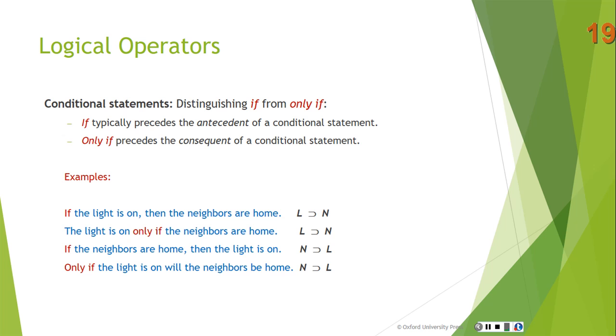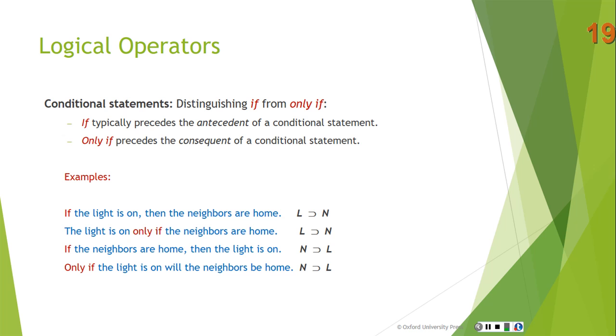When you translate, you always treat the phrase that follows the word "if" as the antecedent, unless you see the phrase "only if." When you see "only if," the thing that follows the "if" is the consequent.